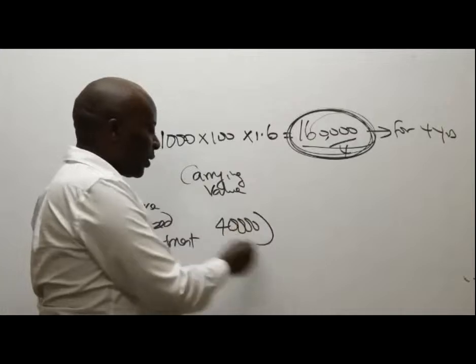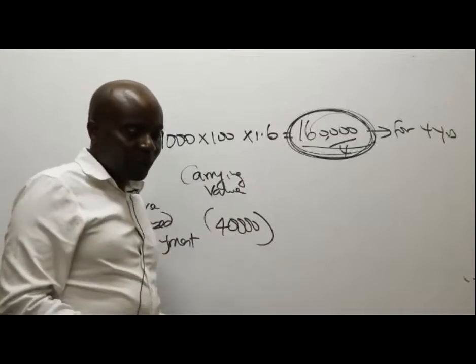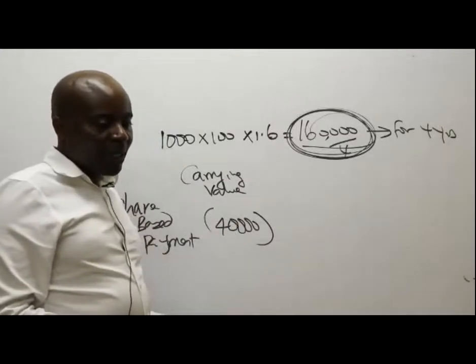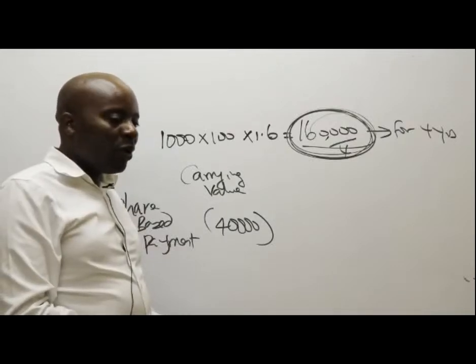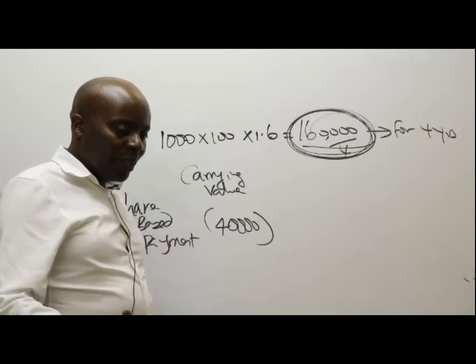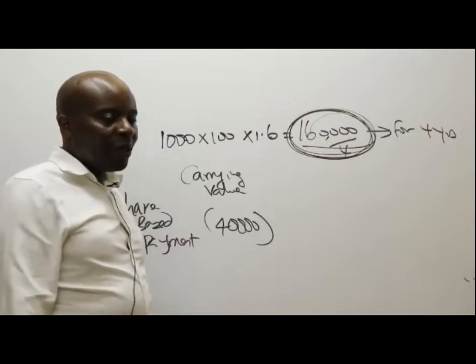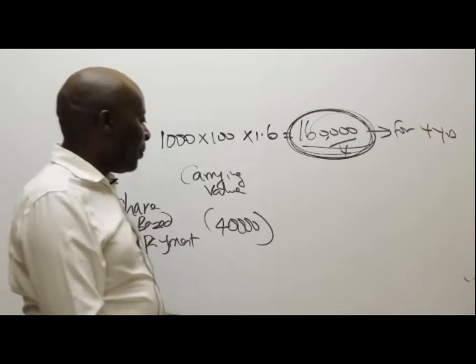And remember, this 40,000 has to be put in brackets. True or false? It's a payment anyway, so it has to be captured in brackets like that.